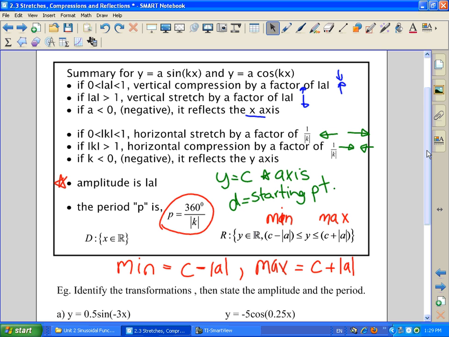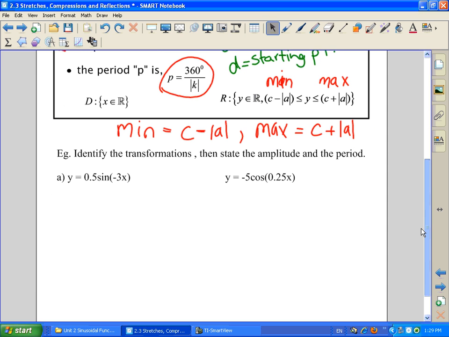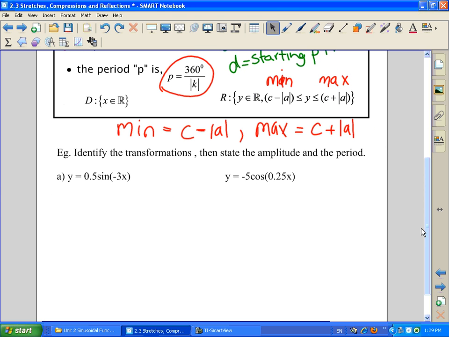Okay, let's take a look at the transformation question here. This is our last example before we do homework: identify the transformations, then state the amplitude and the period. Looking at the first expression, the A value in the transformation is 0.5.